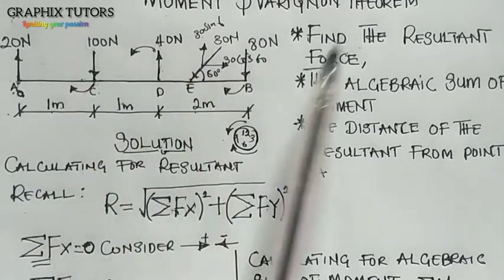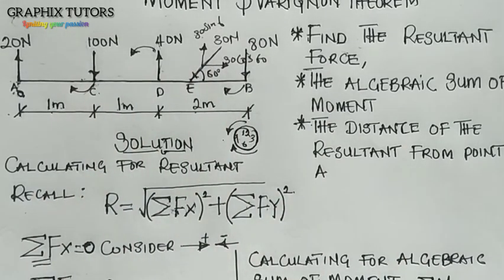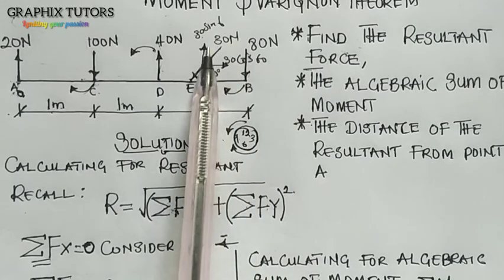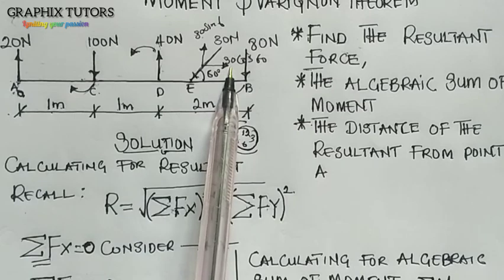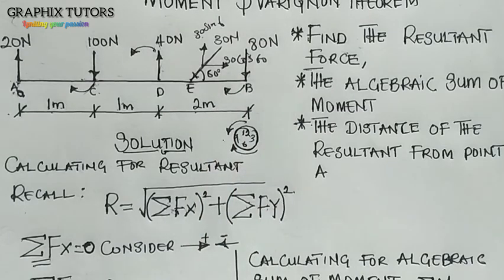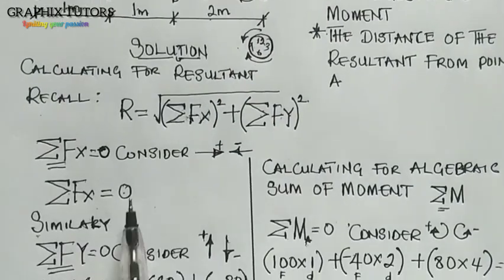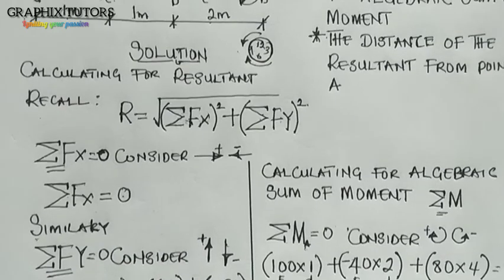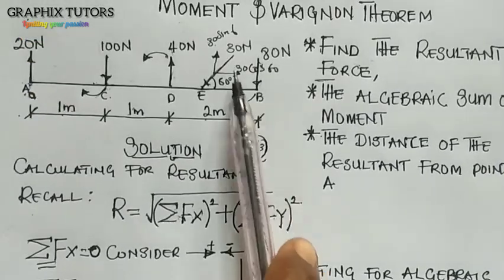That will be all you use for the summation of F of y. Then for the summation of F of x, you will use only 30 cos 60. So your F of x will no longer be 0 here. It will be 30 cos 60.